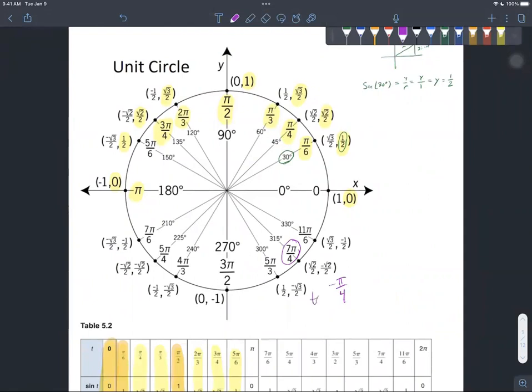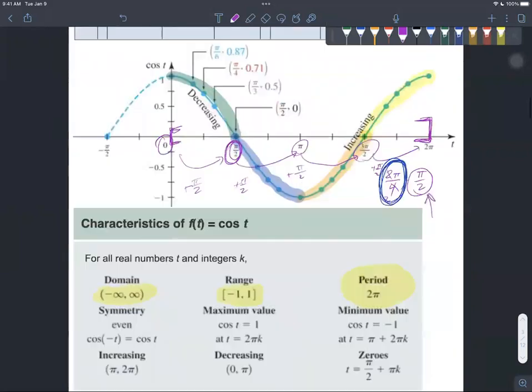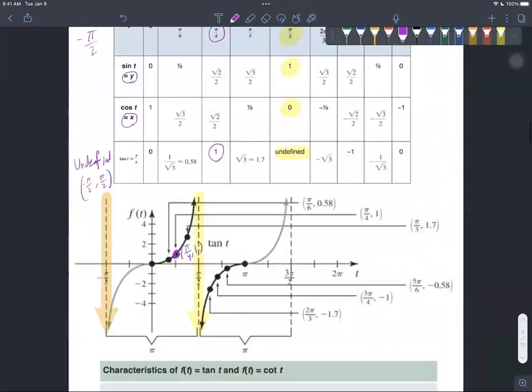The tangent of negative pi over 4, or the tangent of 7 pi over 4, is y over x. This is just negative 1. So the tangent of negative pi over 4, and let's suppose I drew that correctly, the y value there would be negative 1.